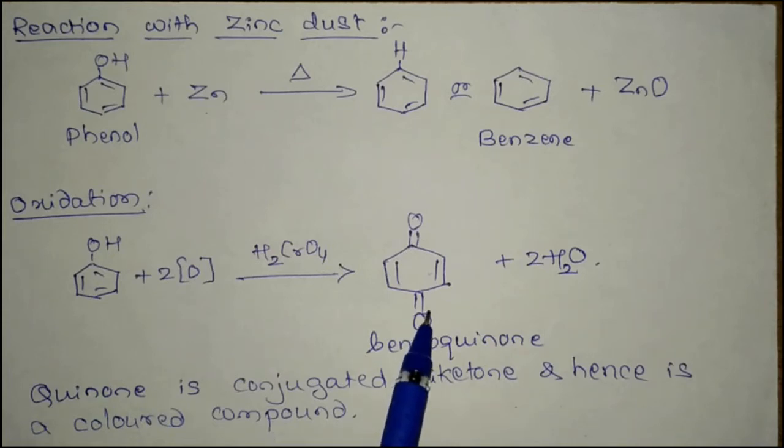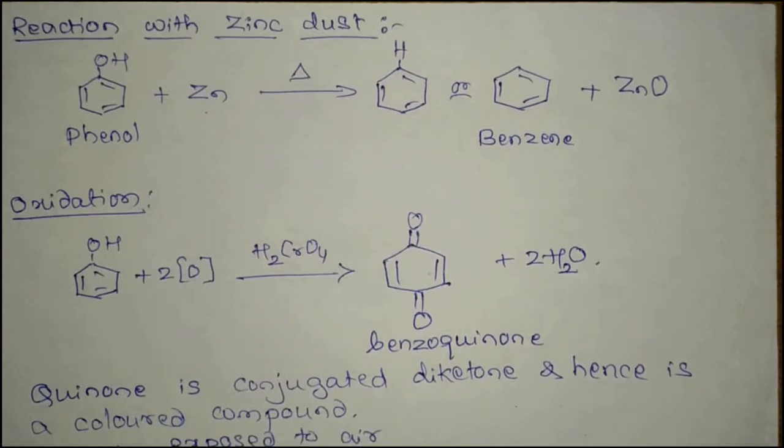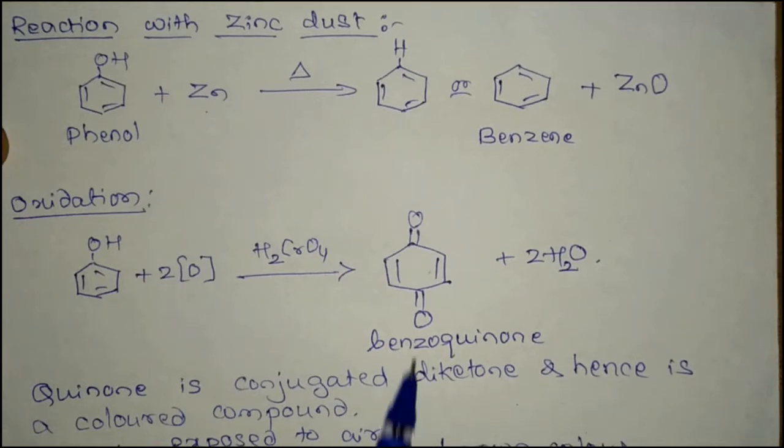Benzoquinone is also formed when phenol is exposed to air. When phenol is exposed to air, it develops a brown color due to aerial oxidation.